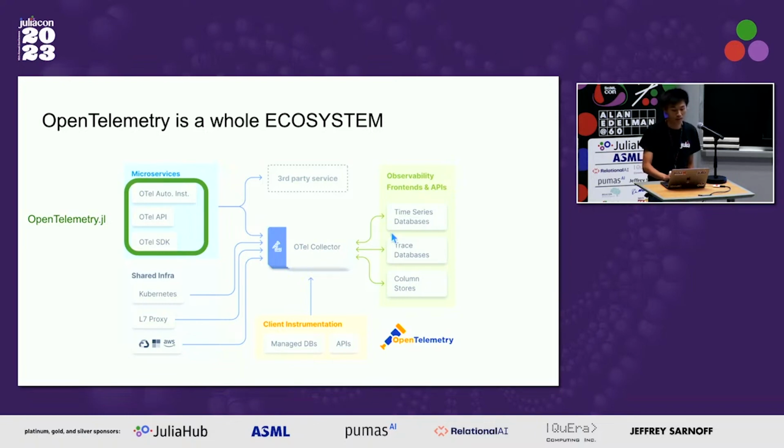And then it can send the data to several different databases like ClickHouse, Elasticsearch, etc. So today we'll focus on OpenTelemetry.jl. It is a Julia implementation, and I will mainly focus on the microservices part.